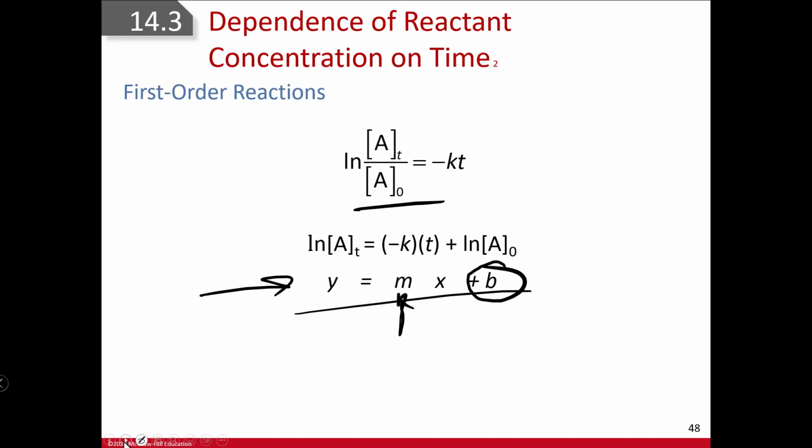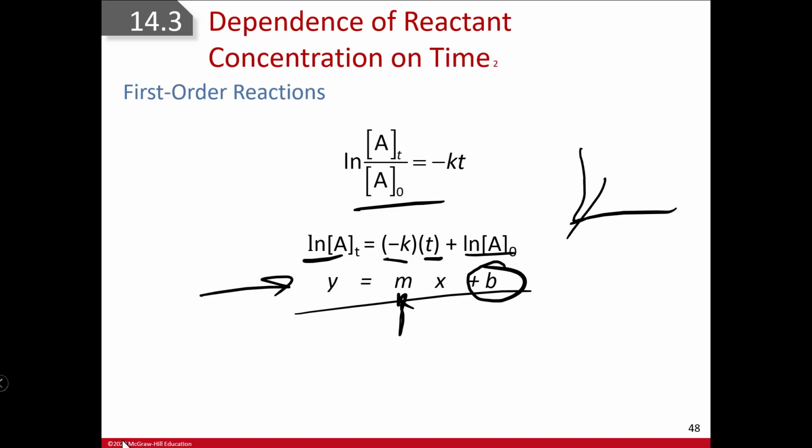So we manipulate the equation into a line equation, and we get this equation here. The y value equals the slope times the time that's passed plus the initial concentration, which makes sense, right? The initial concentration is where the value is 0 on the y-axis.